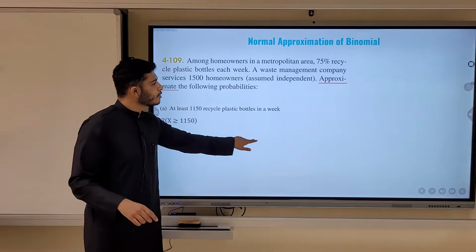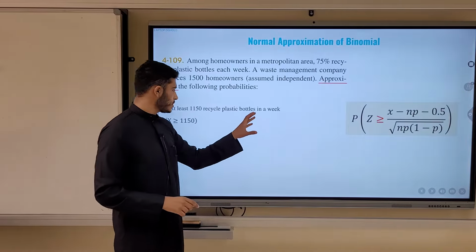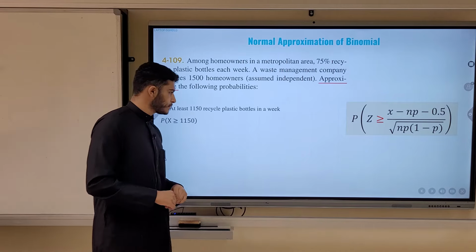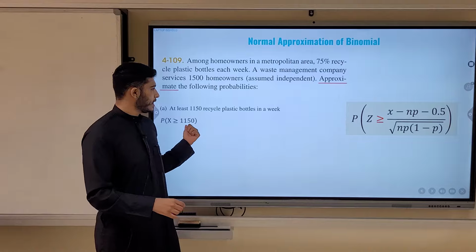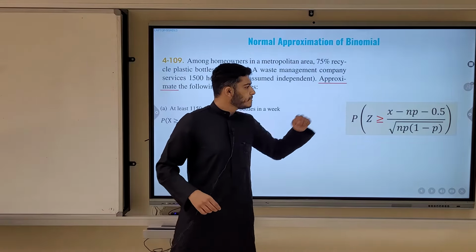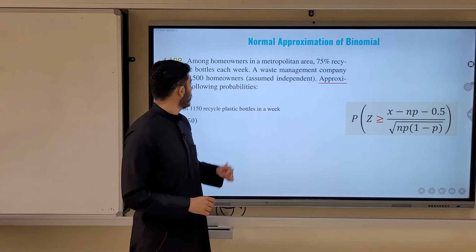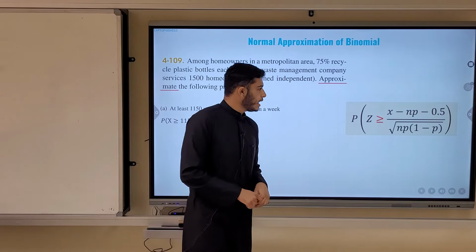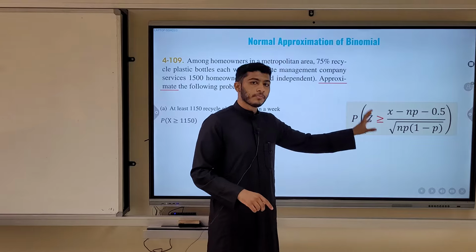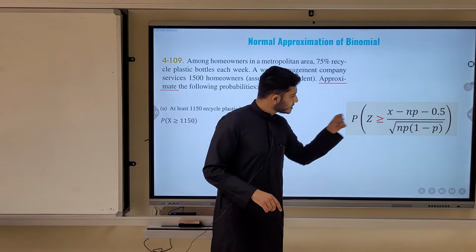Let's see the formula that we're going to use in order to solve this. The formula says x, which is the outcome, minus NP. We know N is 1,500, and P is the probability of somebody recycling. That gives the mean of the binomial distribution, over the standard deviation.